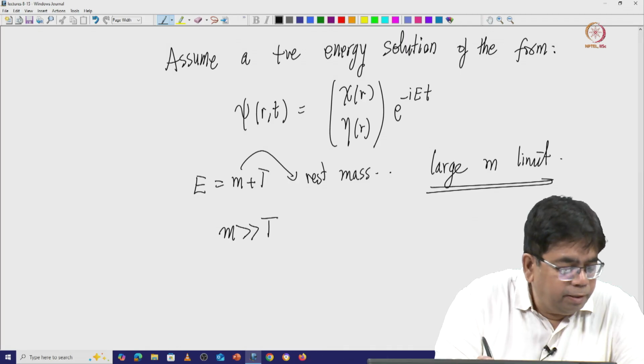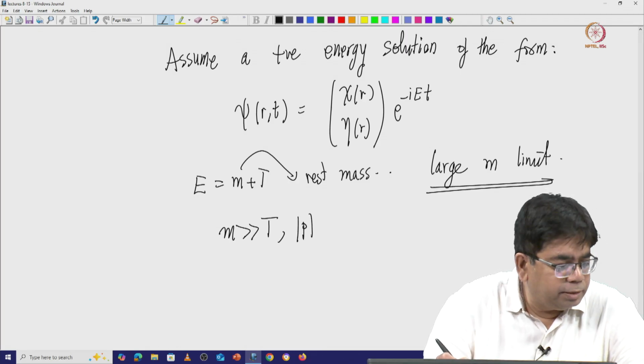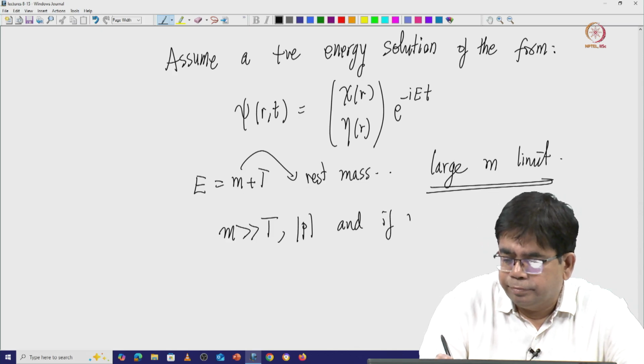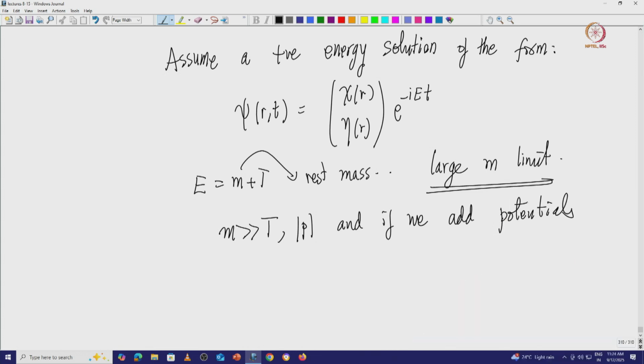So m will be much greater than T, which is nothing but mod P. And if you add potentials, let me assume relativistic potentials, call it A mu, where A mu is equal to A0, A bar. There is always an E factor there, so m is greater than A0 and mod A bar.